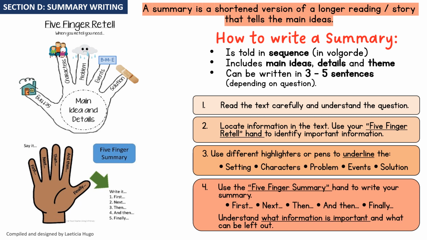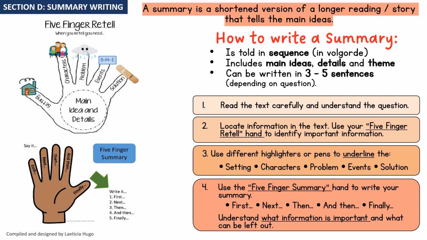And then the last point, number 4, use the 5-finger summary hand to write your summary. So, for example, we said the words first, next, then, and finally. If you use those, then whoever reads your summary will know exactly what happened first, what happened after that, and then finally this happened.